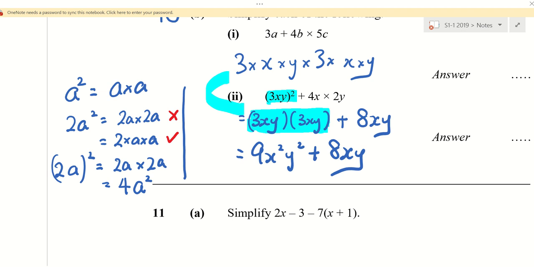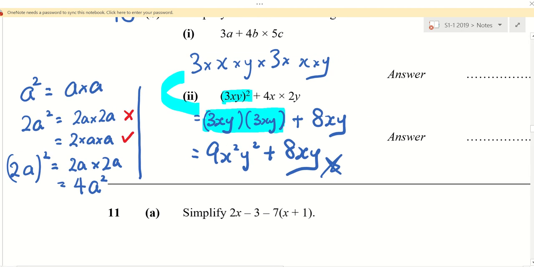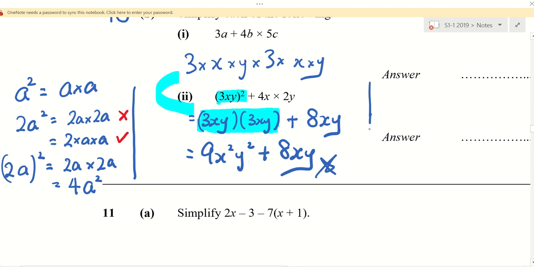Do you understand now? Why is it not xy squared? Now, okay, let us trash out all the misconceptions.